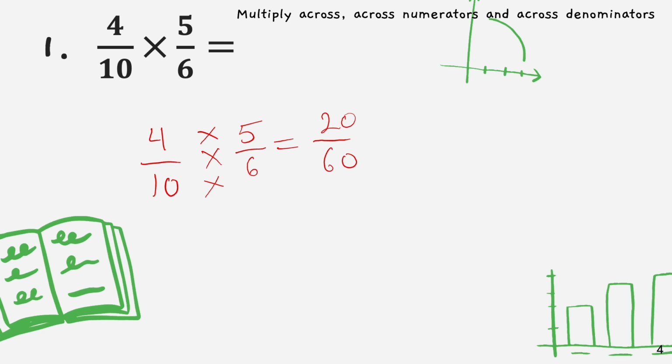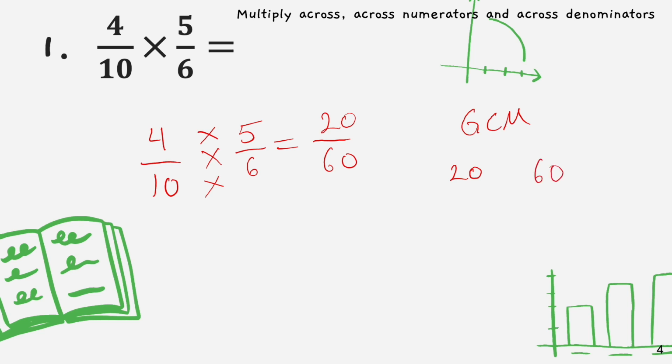So looking at both numbers, I know that we can find our GCMs to simplify them. We're going to find the GCM, or the greatest common multiple, for 20, and the GCM for 60.